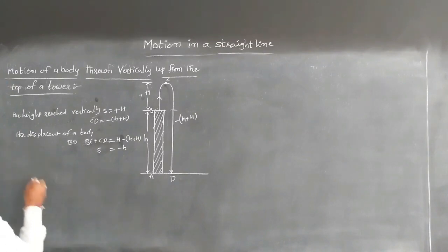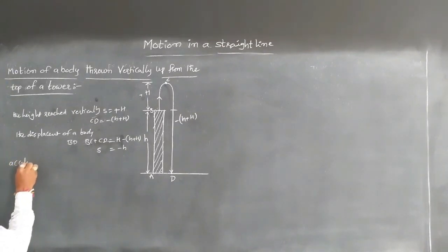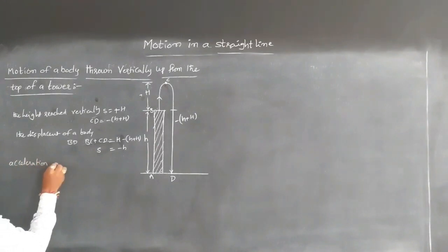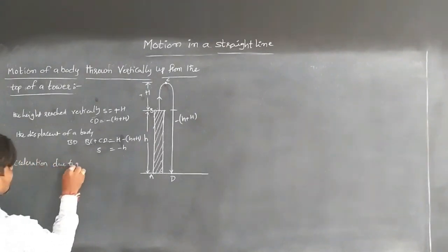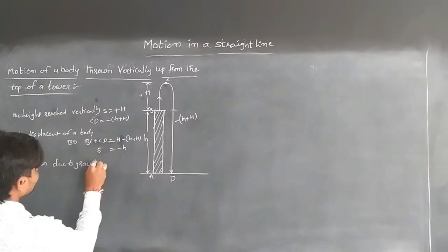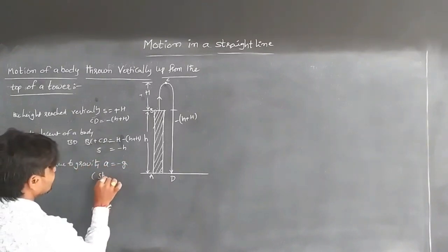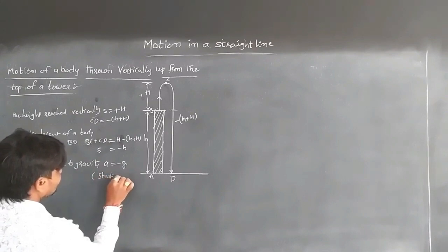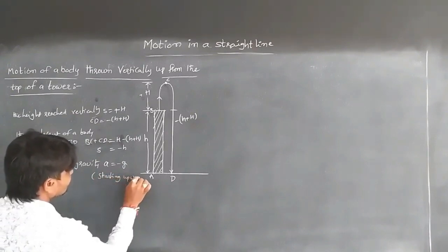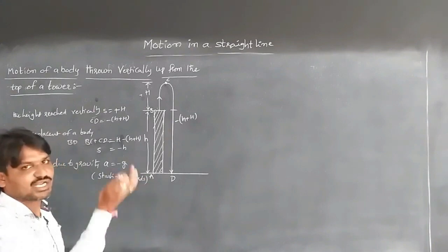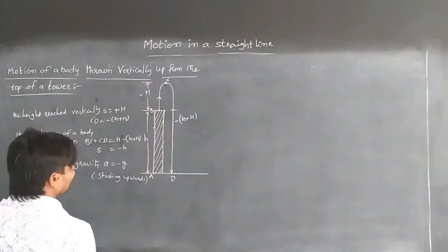And the acceleration due to gravity, a, is equal to minus g, because the body started upwards, projected vertically upwards, so a is equal to minus g.